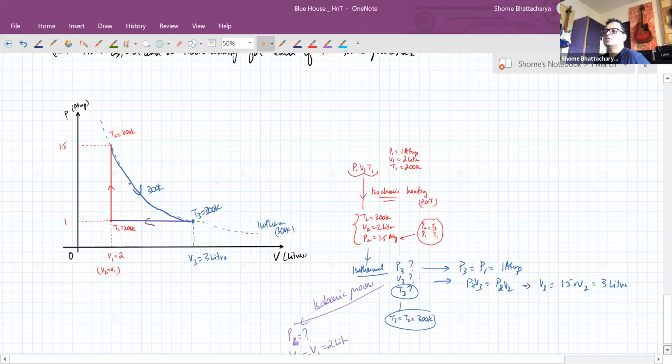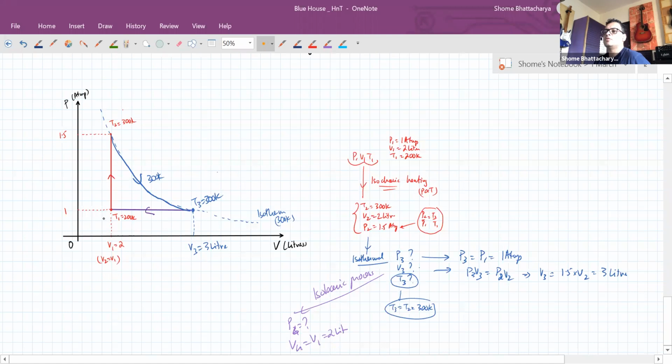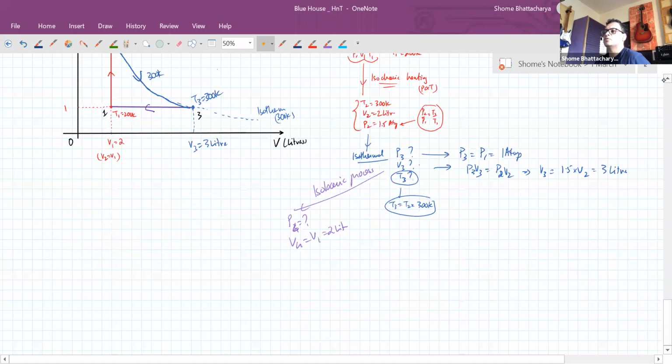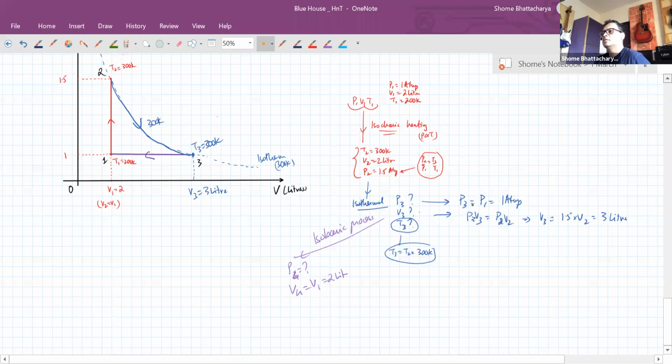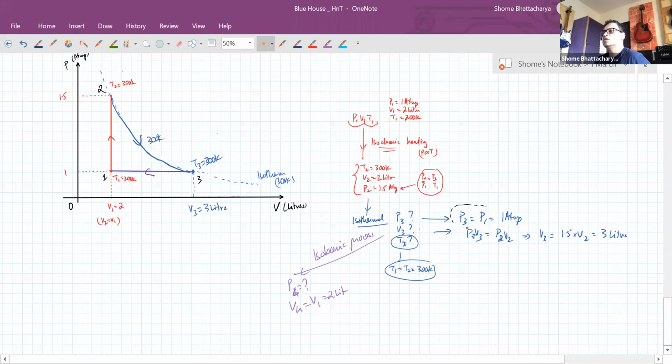If it's coming back to the original state, the point 1, then the point 3 must have the same pressure as the point 1. That becomes the main point to catch here, because you're coming back isobarically to the same original state P1, V1, T1. So P3 must be equal to P1. Once we know P3, we know V3 because the points 2 and 3 are connected by an isotherm.